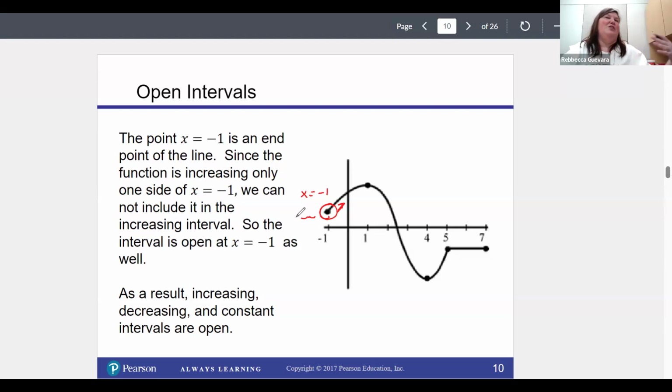So once again, that's another point we leave open. Anything that's an endpoint or where we change from increasing, decreasing, or constant, we just leave as open points, because we can't definitively tell what's happening at that point and include it as an increasing, decreasing, or constant interval. So just remember, keep your intervals open when you're doing this part.